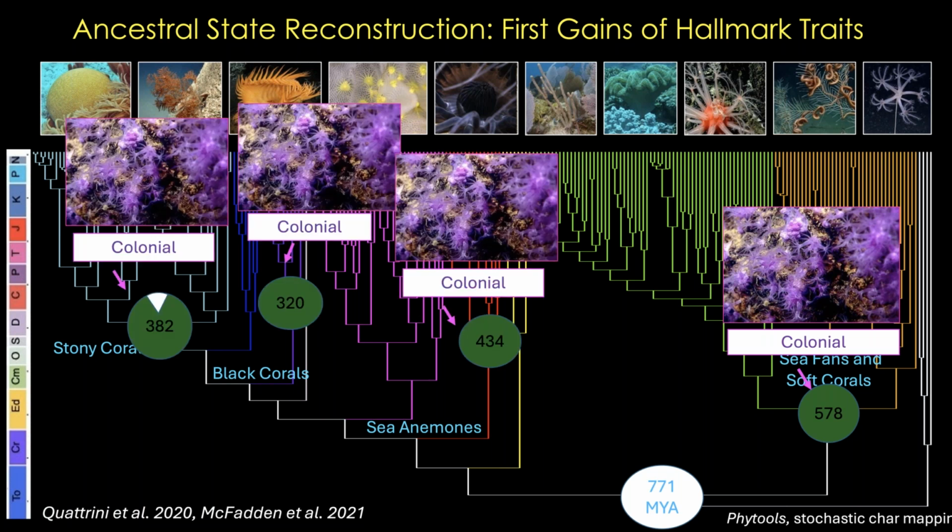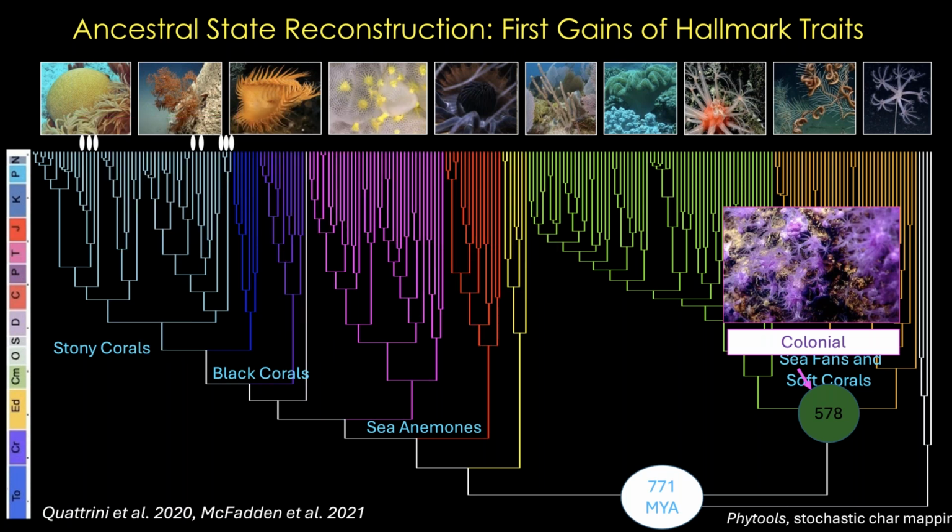But again, we see multiple gains of coloniality across the phylogeny. And then closer to the tips, we see losses of coloniality. But this tree, we've expanded on it. We have a scleractinian phylogeny with many more scleractinians in the tree.